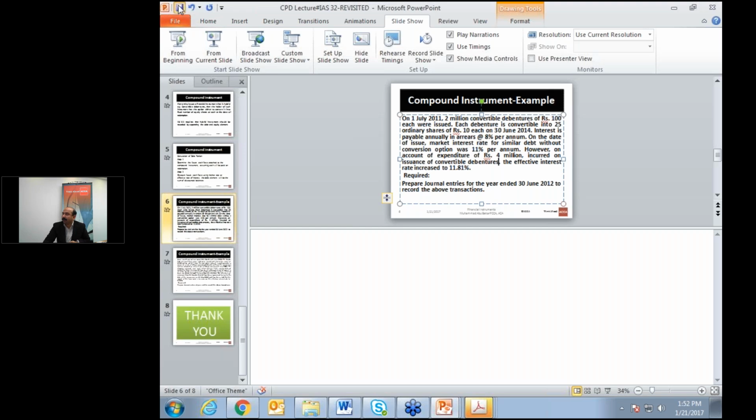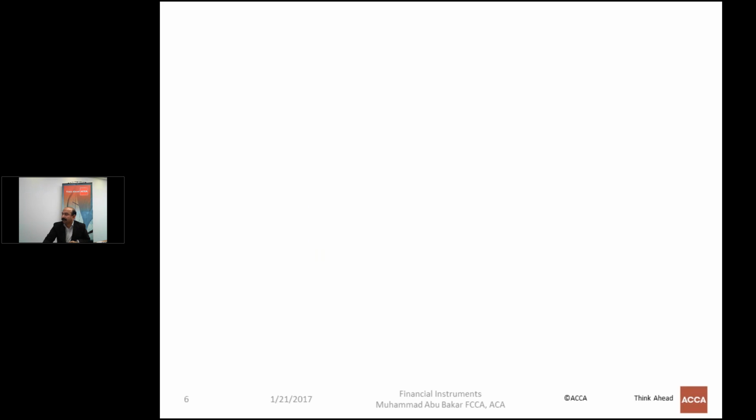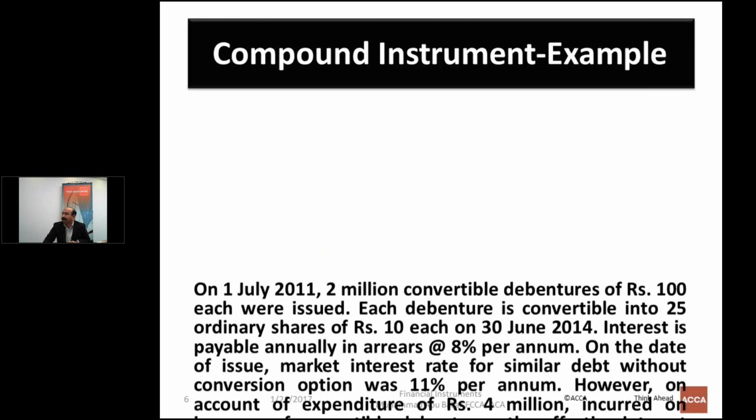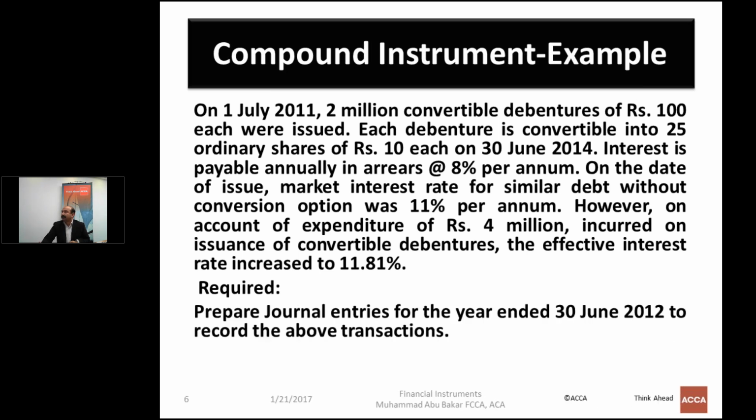So correct your copy because you received it in PDF form, so you can correct it with the help of a pen if you have already taken the print of these slides. So issuance of convertible debentures. This was the issue cost. The effective interest rate increased, because of this issue cost, to 11.81%. Prepare journal entries for the year ended 30th June to record the above transaction.